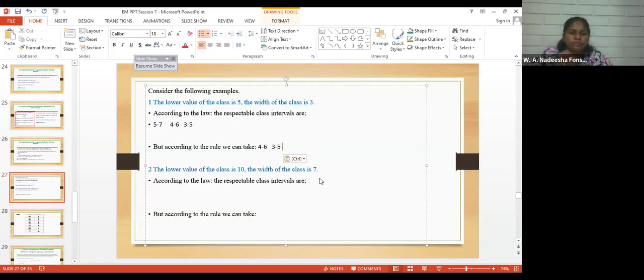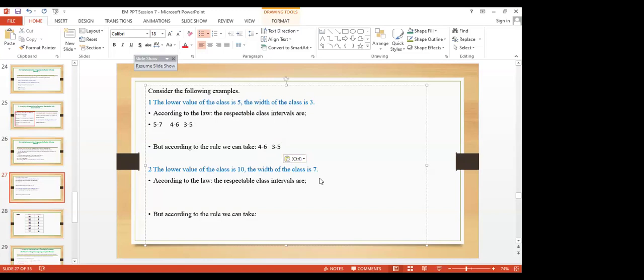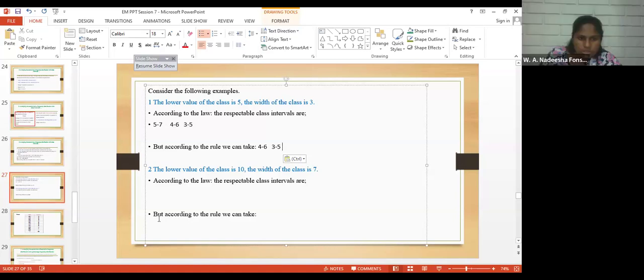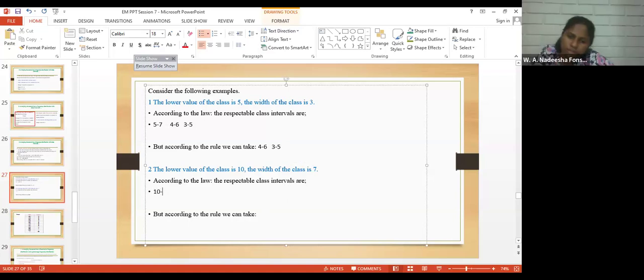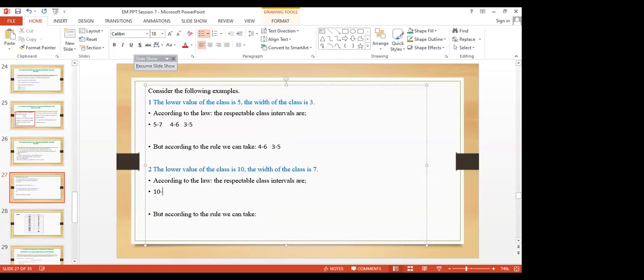Another one. The lower value of the class is 10. The width of the class is 7. Then, how to start this? We have to start from 10. 10 to 16.